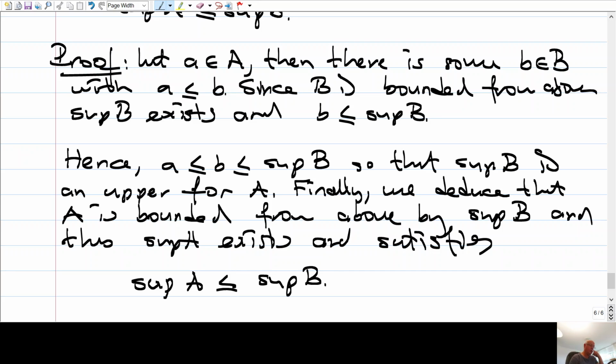Because the supremum of a set is less than or equal to any upper bound, and this is an upper bound for A. Therefore, the supremum of B must be greater than or equal to the supremum of A. Okay.